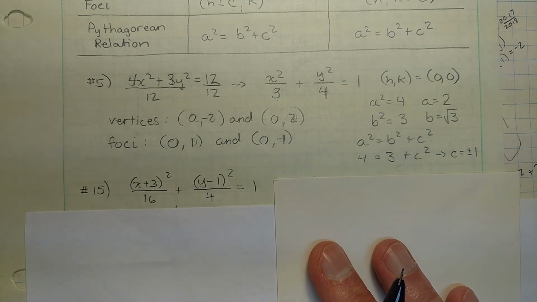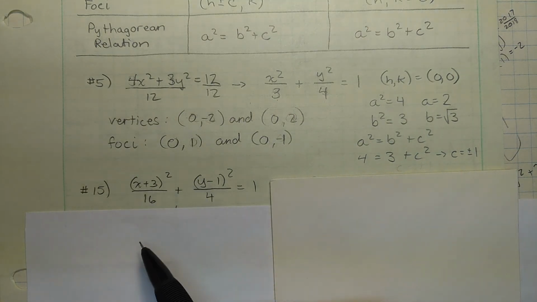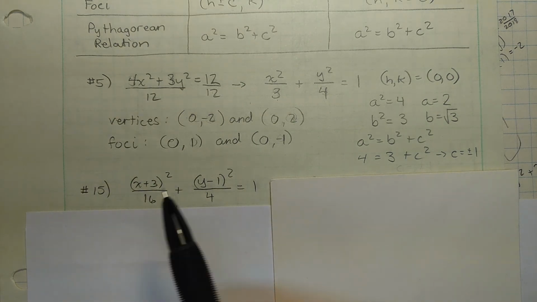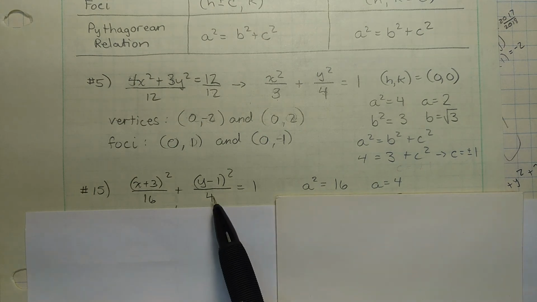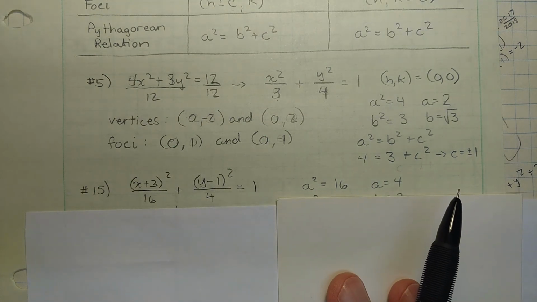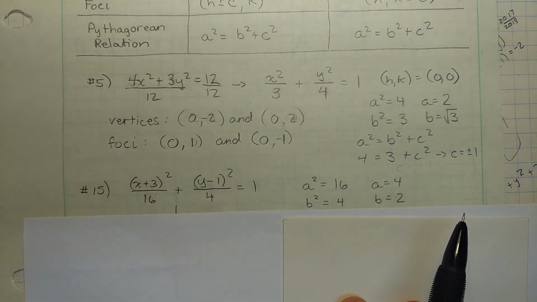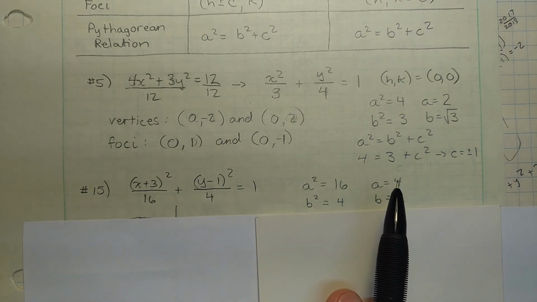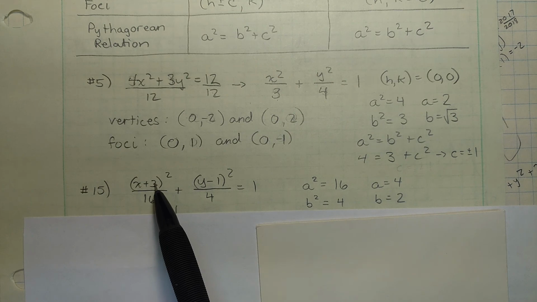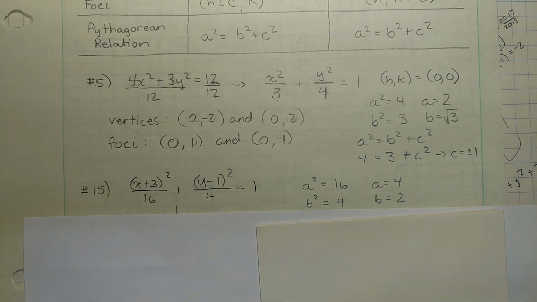So looking here, I see in this case, my a squared is 16, which makes my a 4. My b squared is the smaller one. It's 4, which makes my b 2. Notice my center here is going to be at x coordinate negative 3, y coordinate 1.